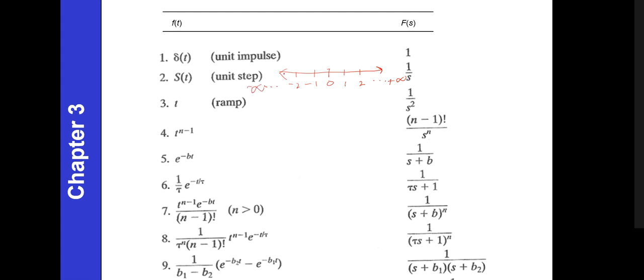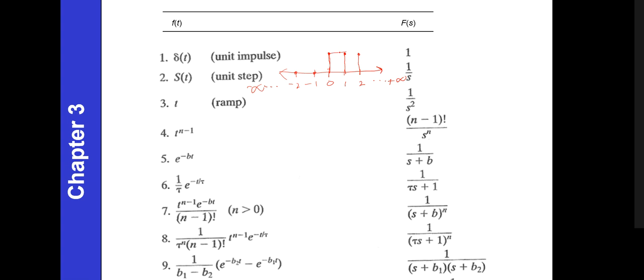So in a unit step, to the left side of 0, which means negative infinity, negative 2, and negative 1, these are 0. But at 0, the value of y is 1. At 1, the value is also 1. At 2, the value is also 1.